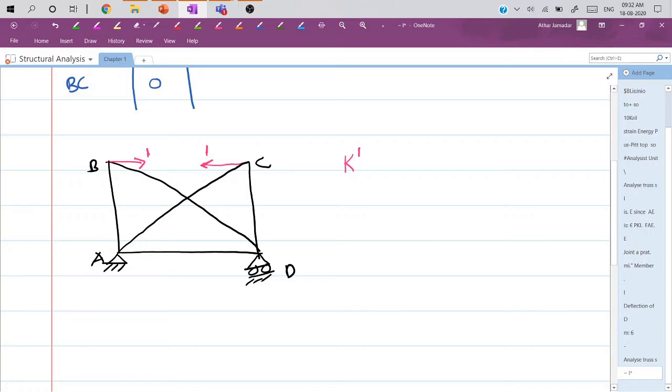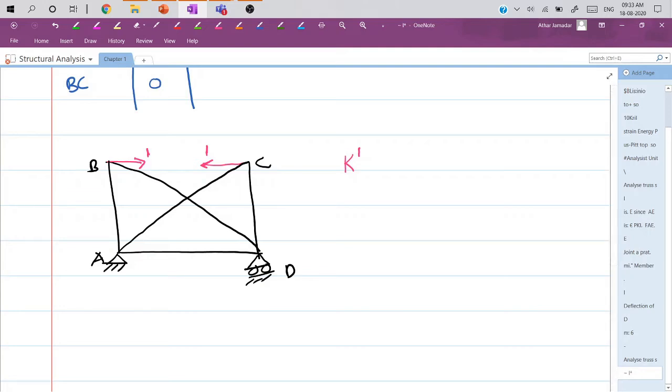So we have removed this member BC, and at that location we will apply a unit load of 1 kilonewton. You can assume any direction, going towards the joint or away from the joint, but at both joints the load should be of the same nature. That means at joint B the load is going away from the joint, at joint C also it should go away from the joint.